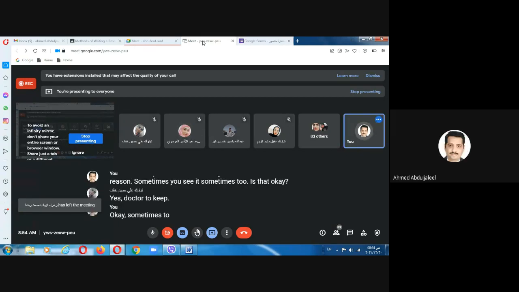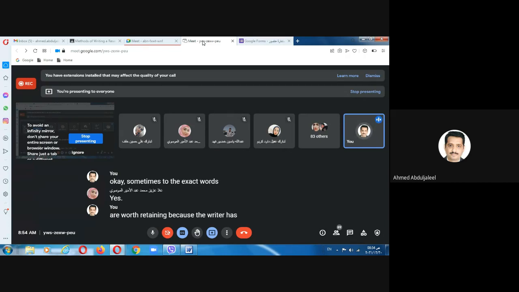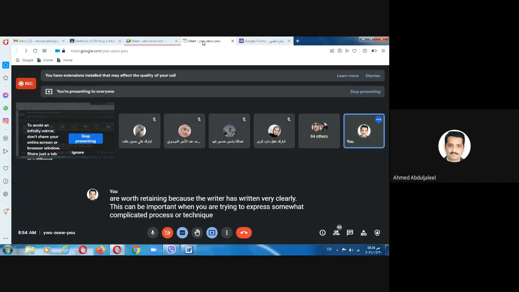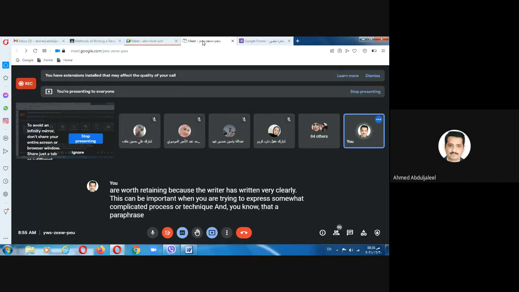Sometimes the exact words are worth retaining because the writer has written very clearly. This can be important when you are trying to express a somewhat complicated process or technique, and you know that a paraphrase or summary would be a poor cousin to the original.